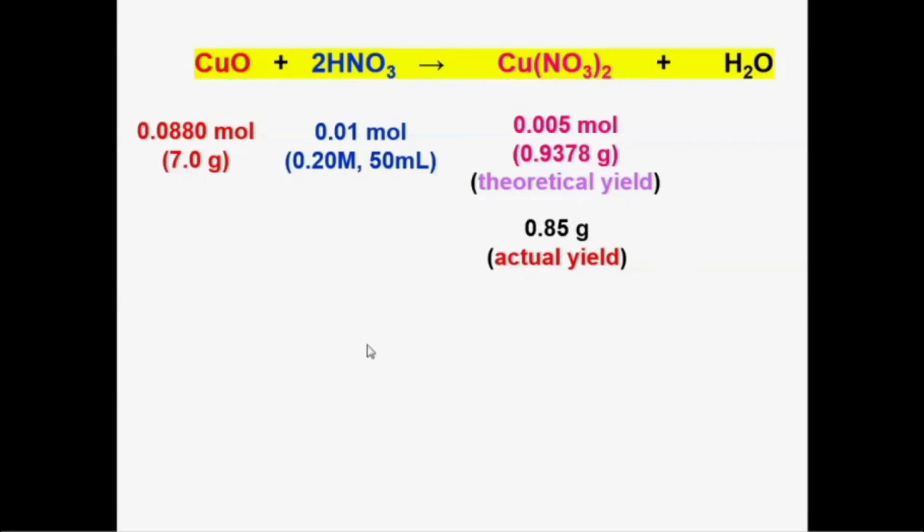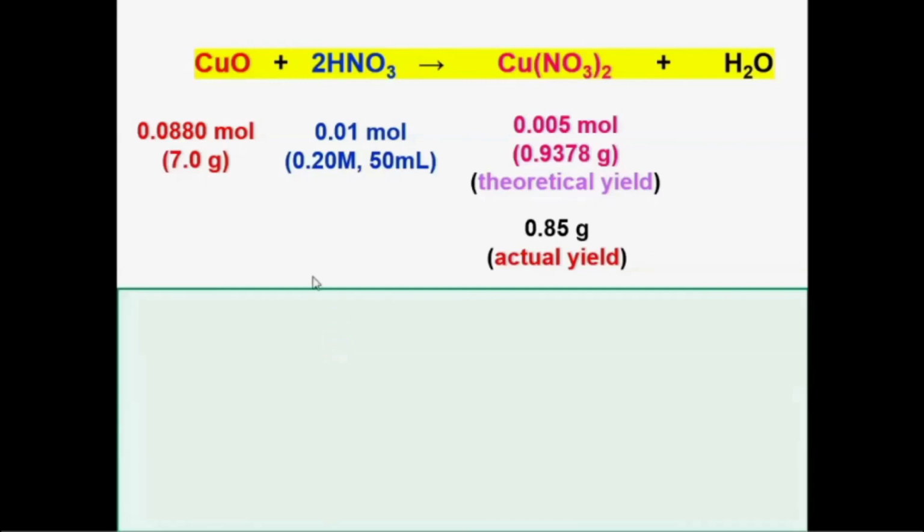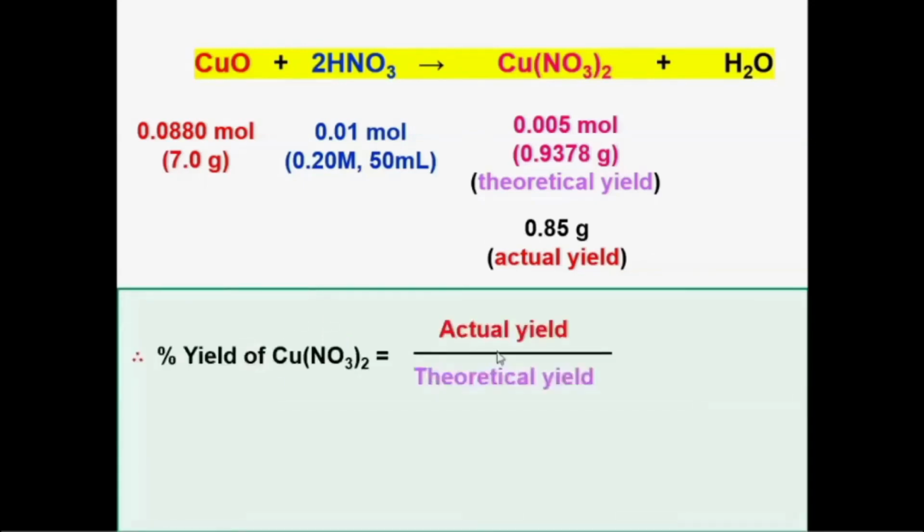So to calculate the percentage yield of copper nitrate, we know that it is the actual yield divided by the theoretical yield, times 100%.